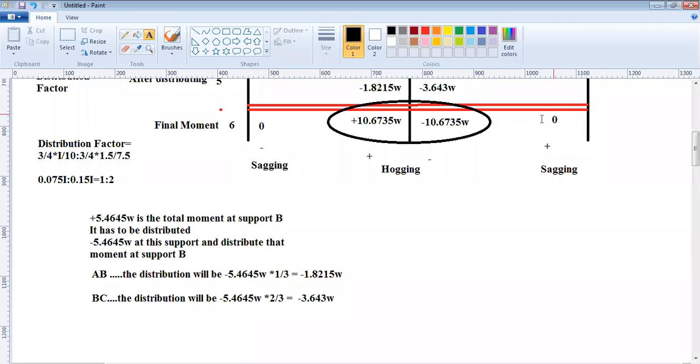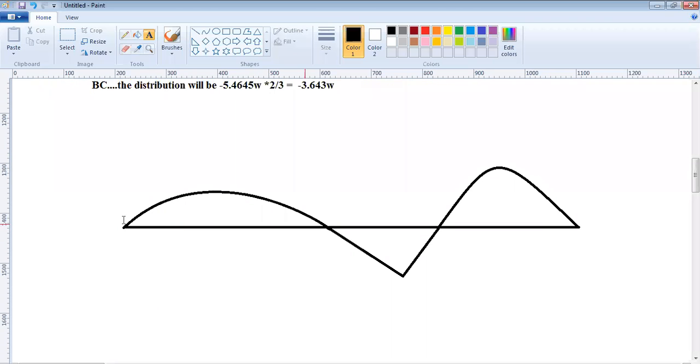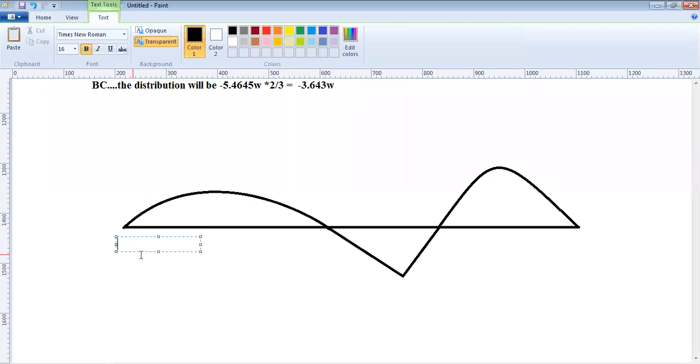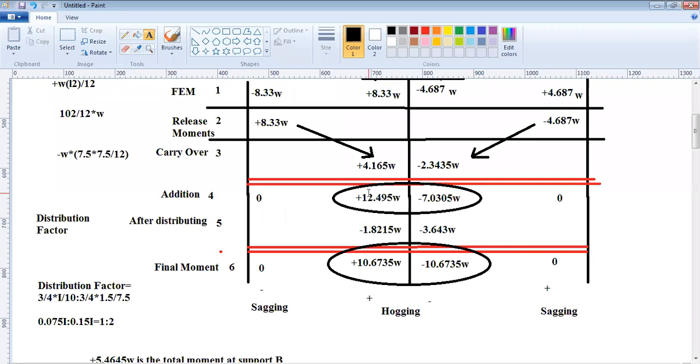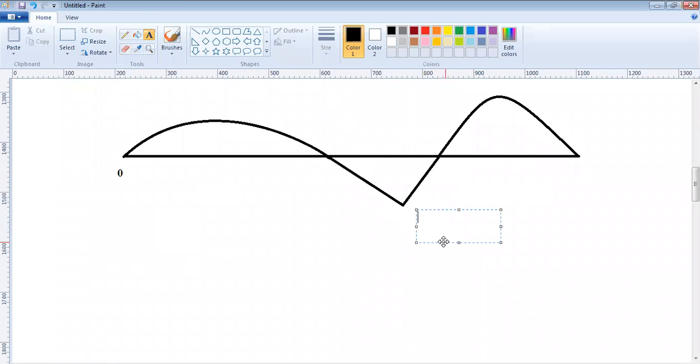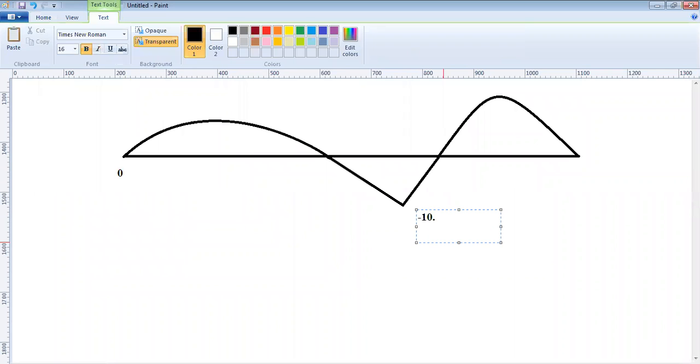Because this point is at 0 and this is at 0, there is no question of sagging and hogging. At support B, it's minus 10.6735 W, and again it's 0 here.